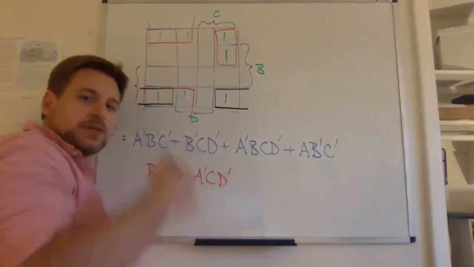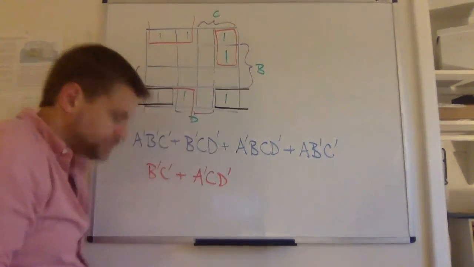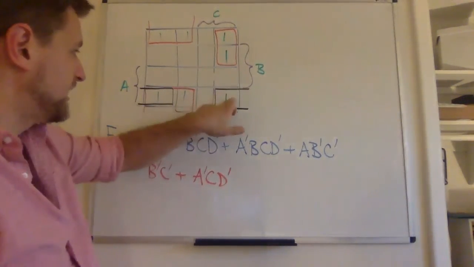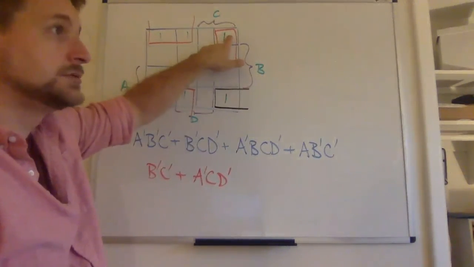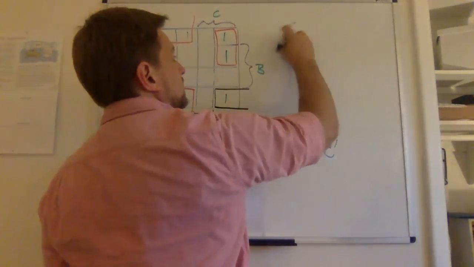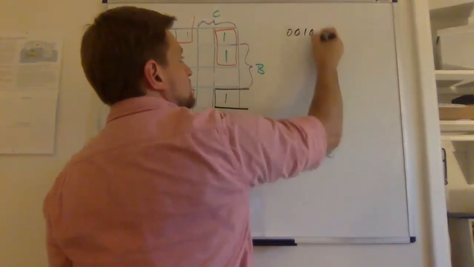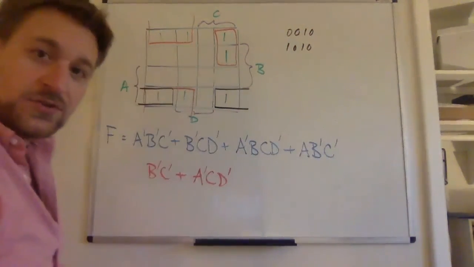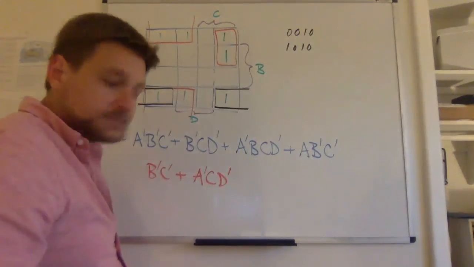But we also know that it wraps top to bottom. This is minterm 8, 9, 11, 10. This is 2. Now 10 and 2 looks like 0, 0, 1, 0. 10 looks like 1, 0. Yeah, those differ by only 1 literal.